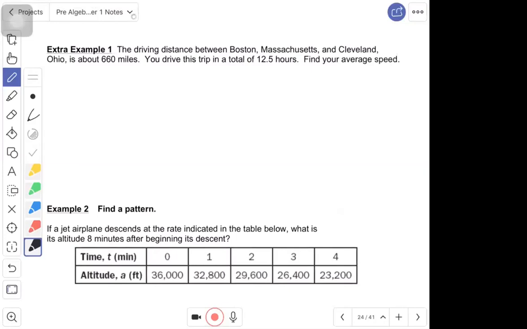Find your average speed. So let's read through it again. Our driving distance between Boston, Massachusetts, and Cleveland, Ohio is 660 miles. You drive this trip in a total of 12.5 hours. And they want us to find our average speed.